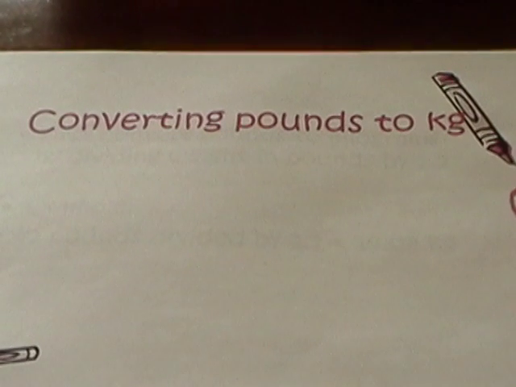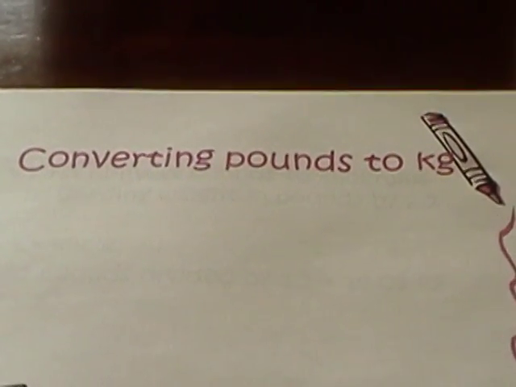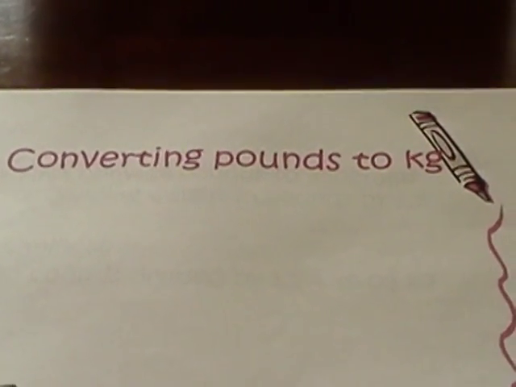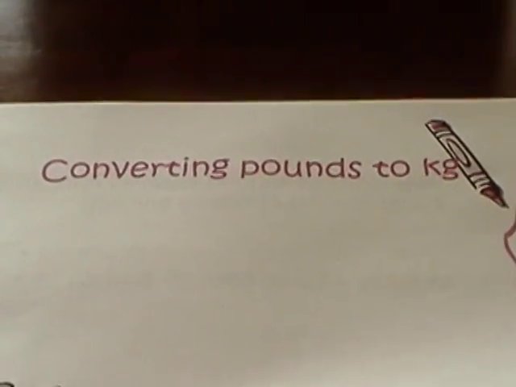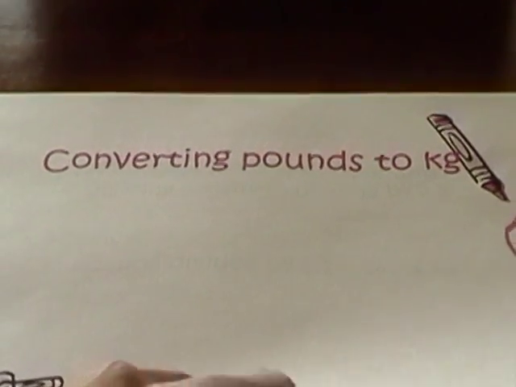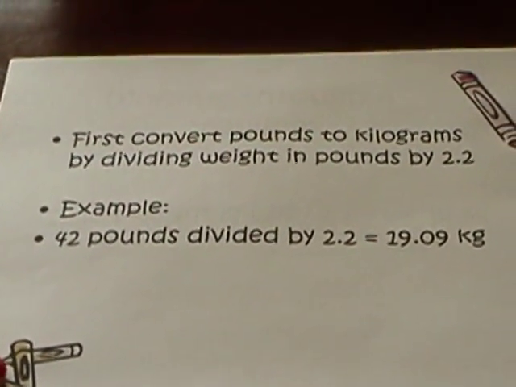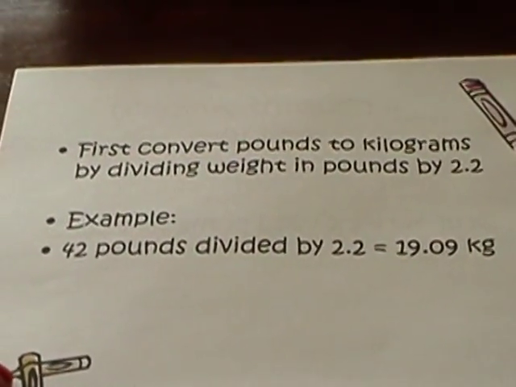One of the first steps is, of course, to get your child's weight. If it's in pounds, you need to convert that to kilograms. Always remember that if you do this conversion correctly, you should always weigh less in kilograms. First, you will convert pounds to kilograms by dividing the weight in pounds by 2.2.